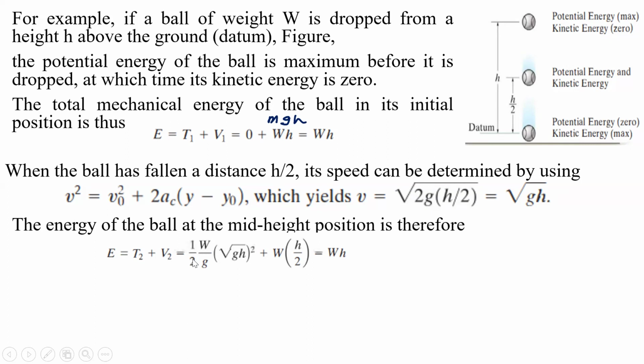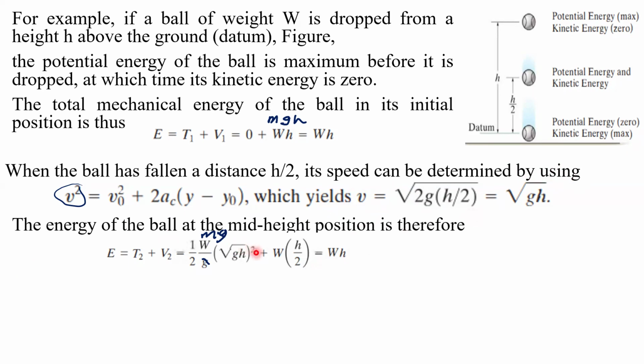T2, the kinetic energy, is half m v squared. Since W is mg, the g cancels out, and we use v squared as already obtained.